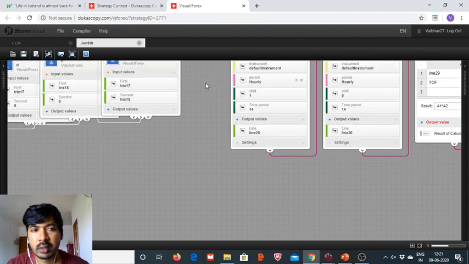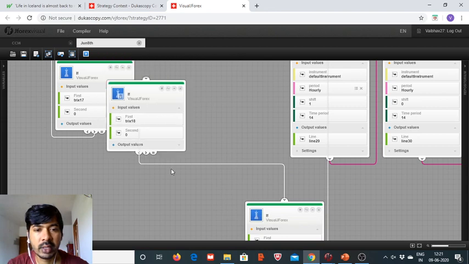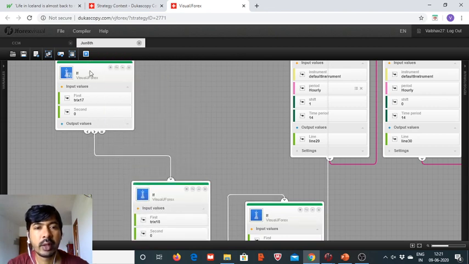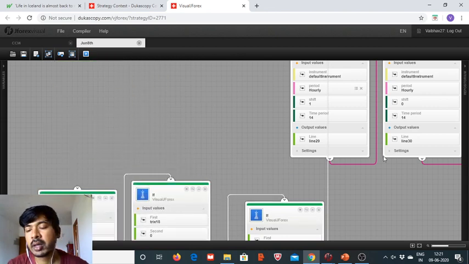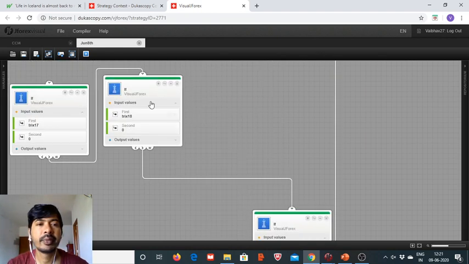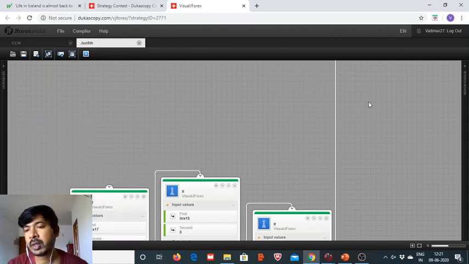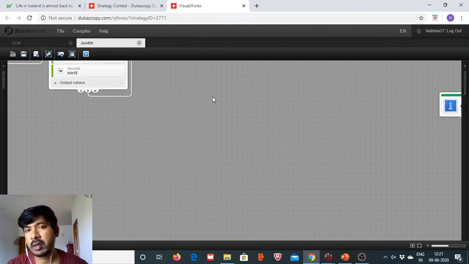This is the bare bone structure which is now taking shape, and here we have to arrange these blocks, and then we are ready to roll on the TSF side.